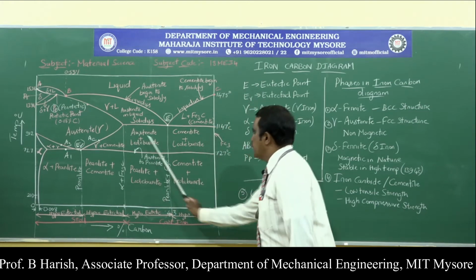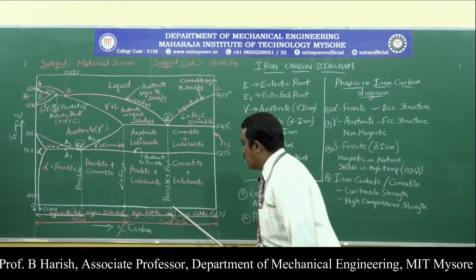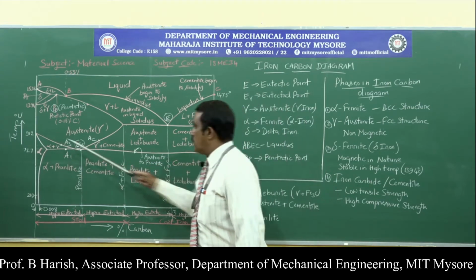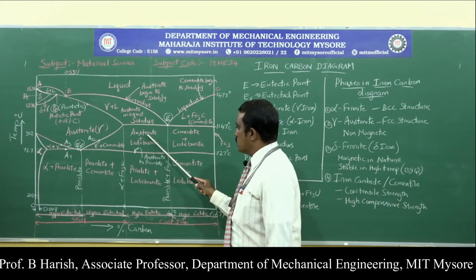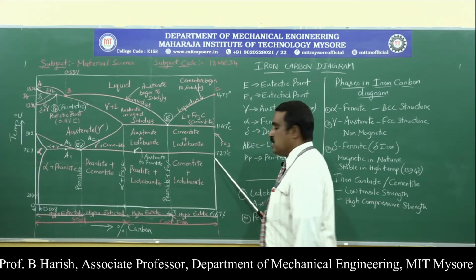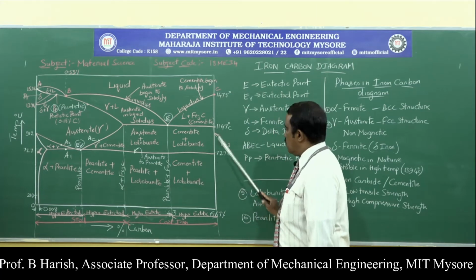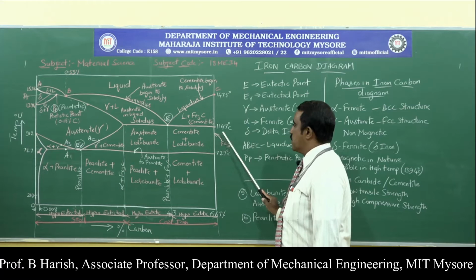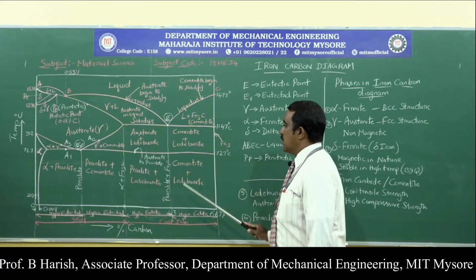From this percentage of carbon content to 4.3%, at a temperature above 727 degrees centigrade, it will be austenite plus ledeburite. Then from 4.3% to 6.67%, at a temperature of 727 to 1147 degrees centigrade, it is cementite plus ledeburite.